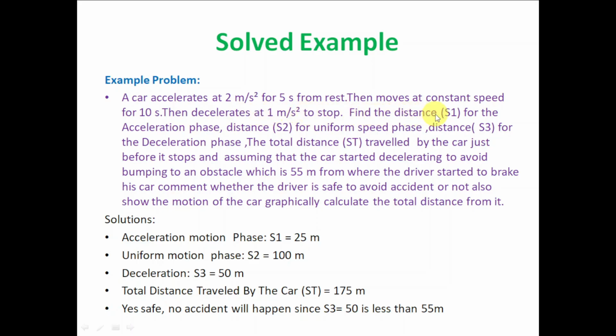Find the distance s1 for the acceleration phase, the first phase, distance s2 for the uniform speed phase, distance s3 for the deceleration phase, and the total distance traveled by the car just before it stops. Assume the car starts decelerating to avoid bumping into an obstacle which is 55 meters from where the driver started to brake his car.